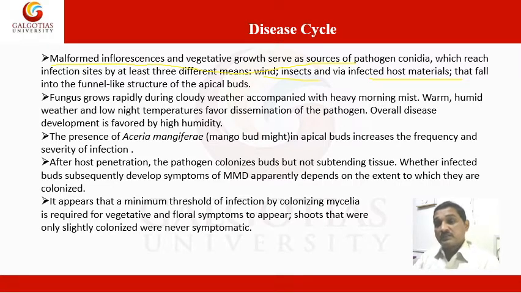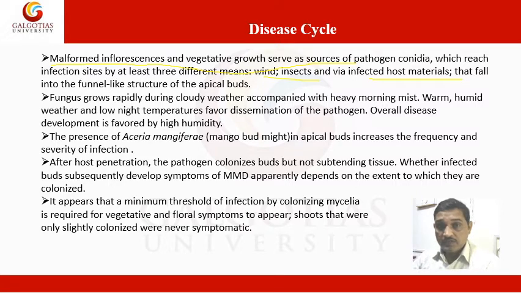You have already seen that the apical buds have a bushy, funnel-like appearance, and the conidia may fall down after traveling by wind and get established there and cause the disease.